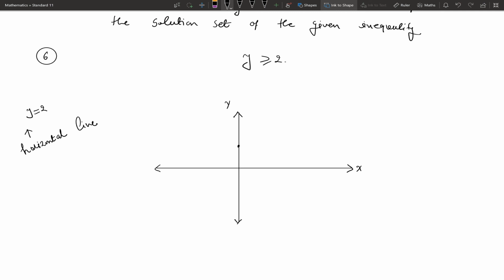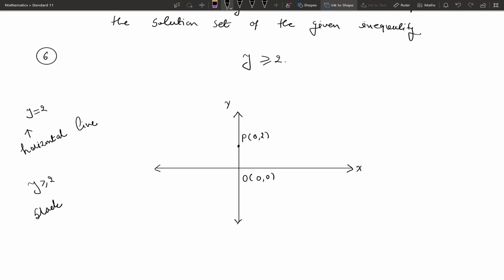Now the inequality is a slack inequality, y greater than or equal to 2, so there will be a continuous line passing through point 0, 2.